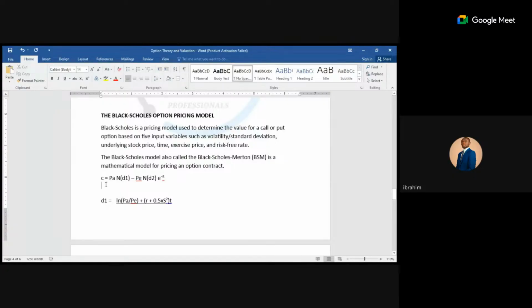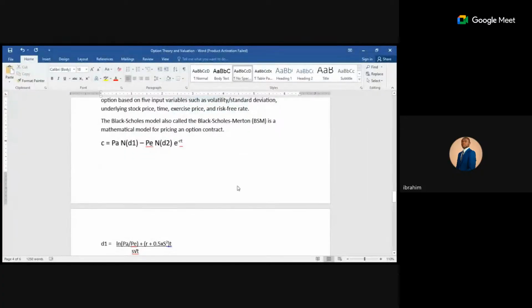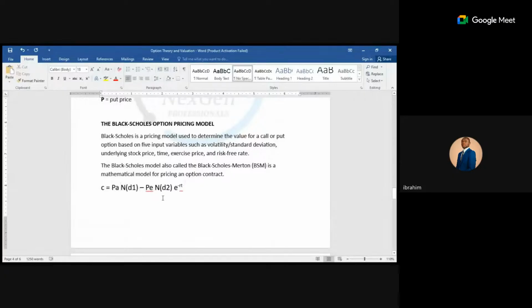C equals PA N(d1) minus PE N(d2) exponential minus R times T. This will give us the value of call option.